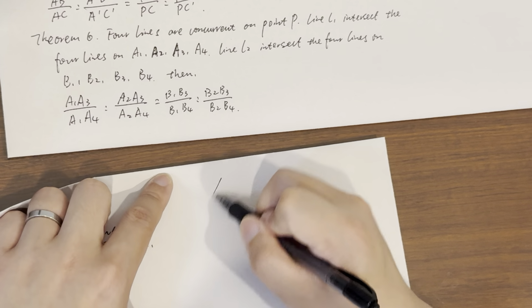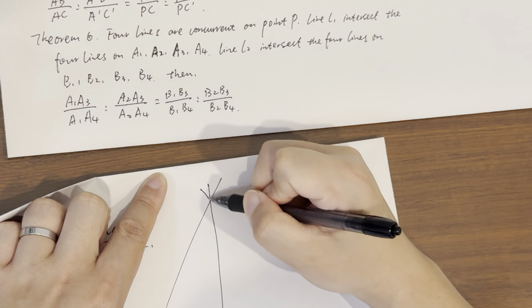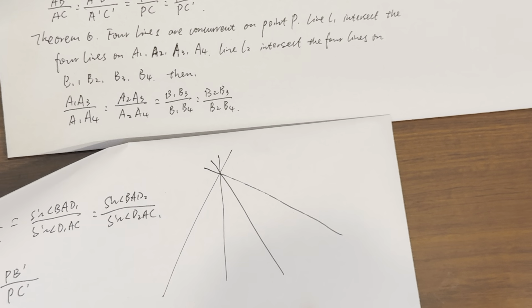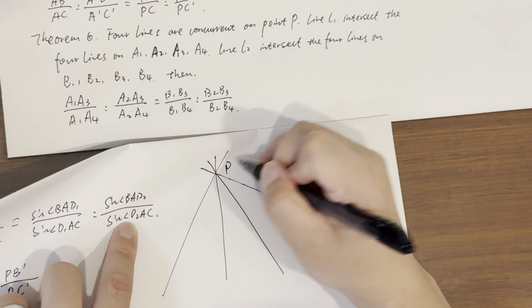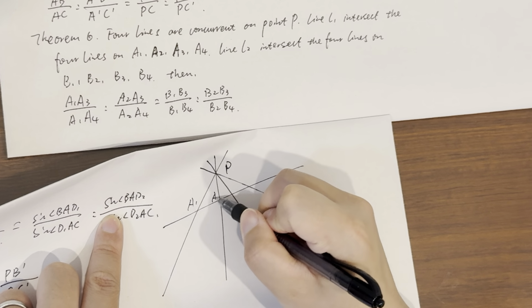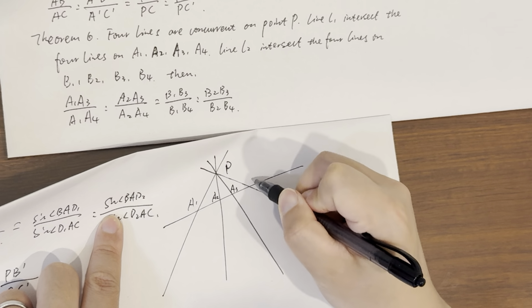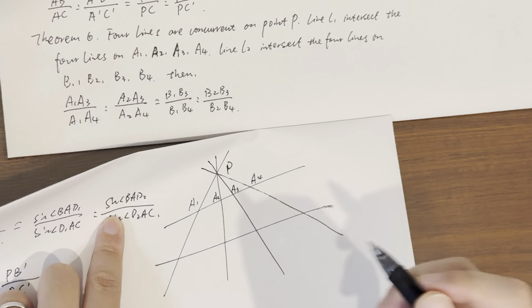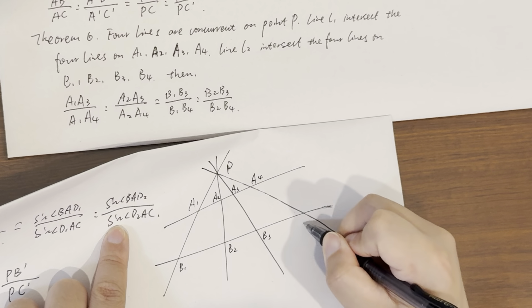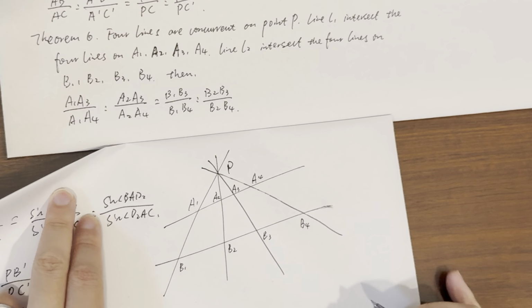So 1, 2, 3, 4. We have four lines concurrent at point P. And we have here A1, A2, A3, A4, and here B1, B2, B3, B4, right?